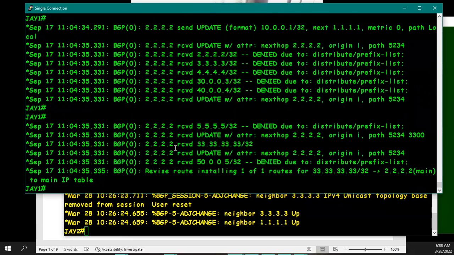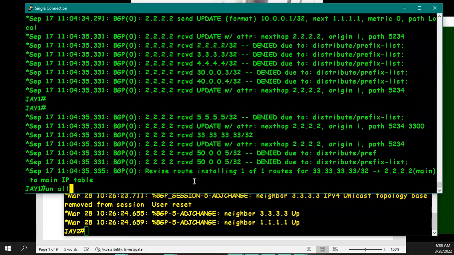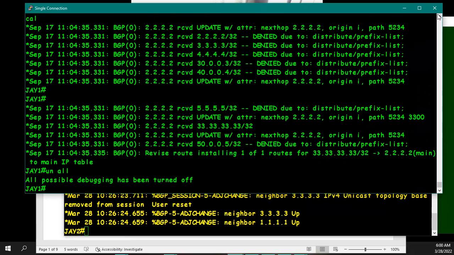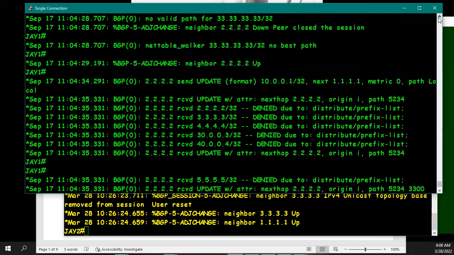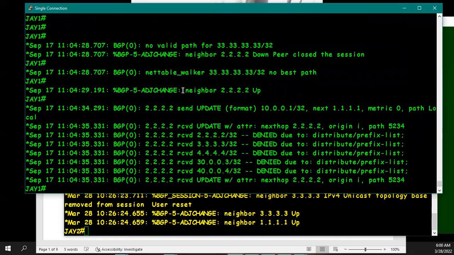All right, so let me stop this here. Now let's take a look at this. Now you can see that BGP is up. Autonomous system number 1, or I should say router 1, is up with neighbor router 2.